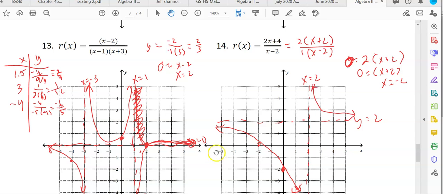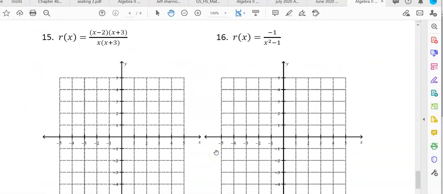That's nice. Almost done. So a couple more here. So this one, be careful. This is actually a factor there. So you're going to have one vertical asymptote at x equals 0, one at x equals -3, and same degree, top and bottom, so it's going to be y equals 1, is the coefficients there.